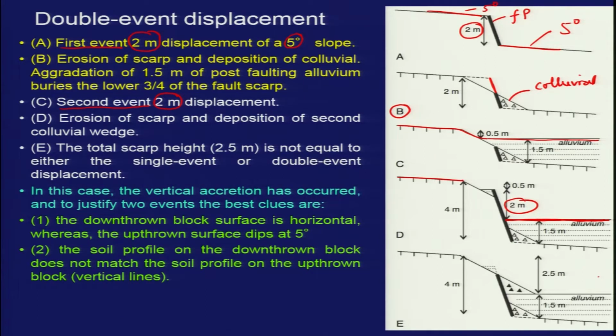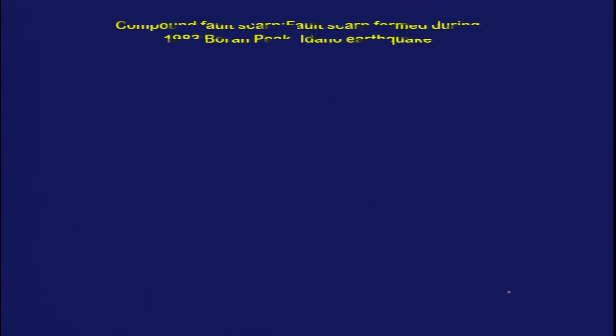What expertise we have applied here is that we have taken into consideration the slope of the different contacts and compared it with the surface exposed on the scarp on the upthrown block, and the downthrown block which is covered by the alluvium, and also we have compared the colluvial wedges here.